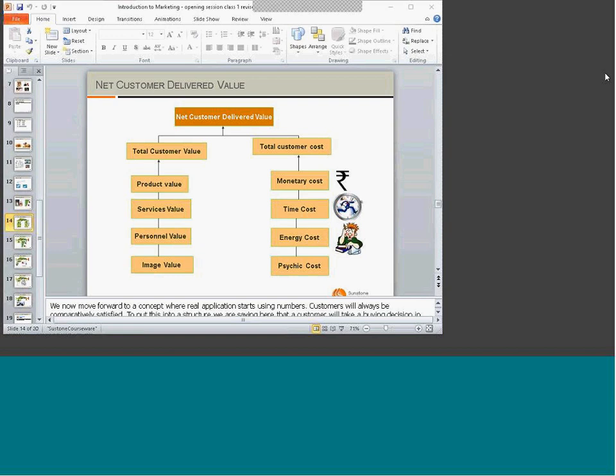Are you buying a diamond ring from an online store at the same cost as it would have come from Tanishq, or do you pay a little premium to get it from Tanishq?